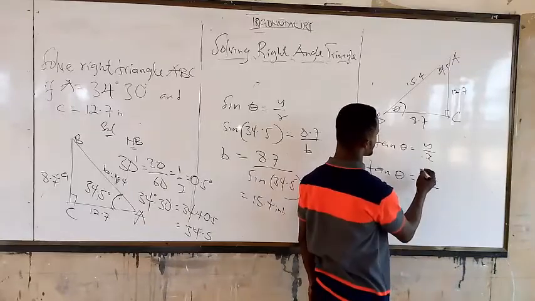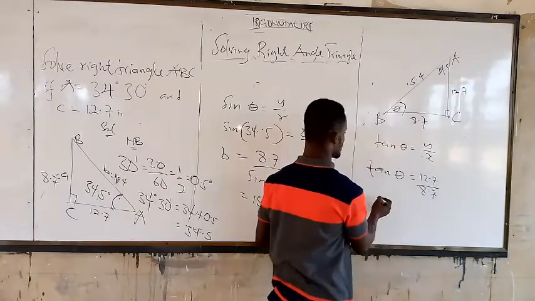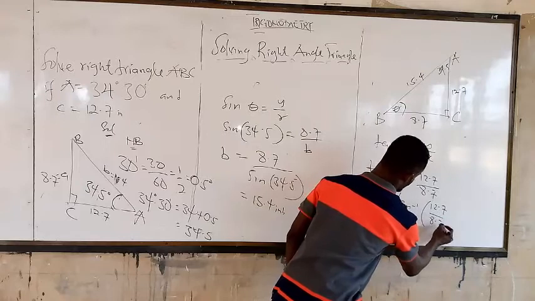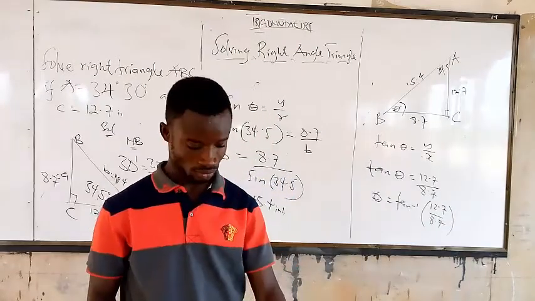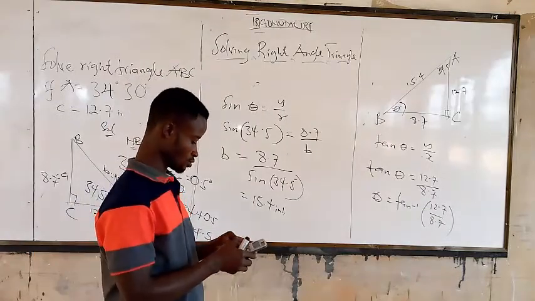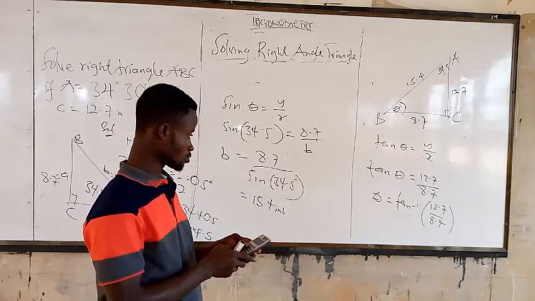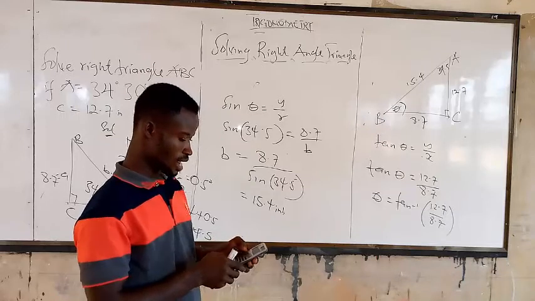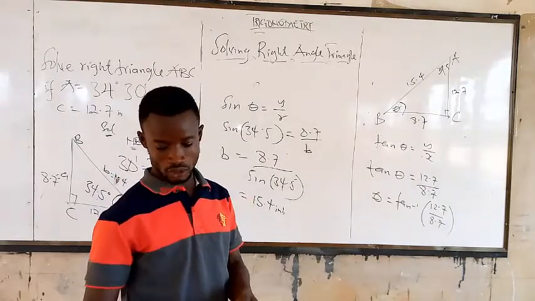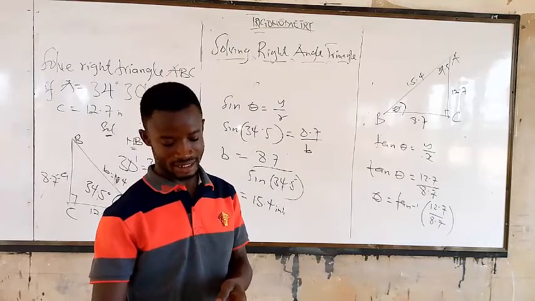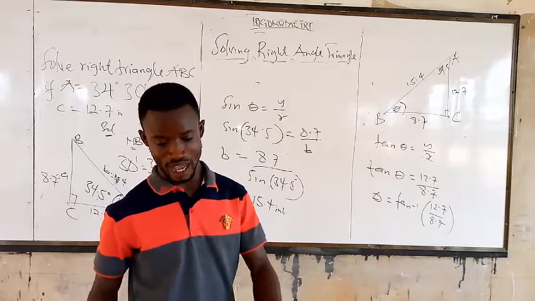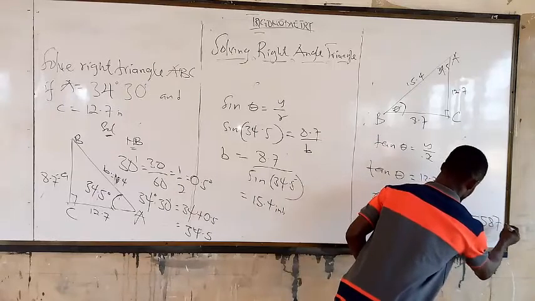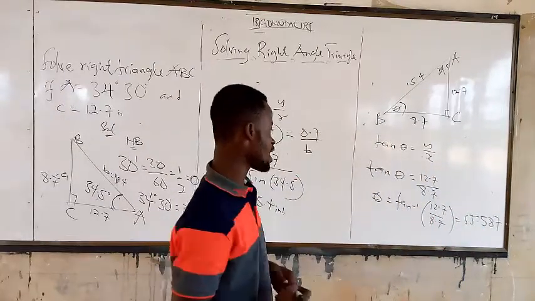So tan theta is 12.7 over 8.7, and theta is equal to tan inverse of 12.7 over 8.7. That is going to give you 55.587.